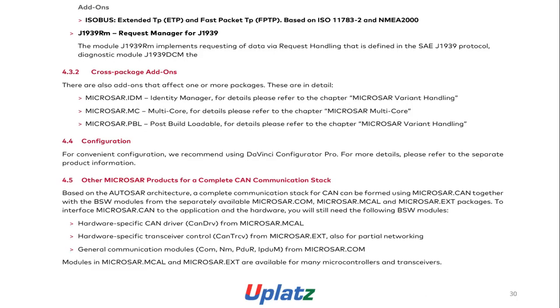Add-ons: ISOBUS extended TP, ETP, and fast packet TP, FPTP, based on ISO 11783-2 and NMEA 2000. J1939 RM, request manager for J1939. The module J1939 RM implements requesting of data via request handling that is defined in the SAE J1939 protocol. Diagnostic module J1939 DCM.